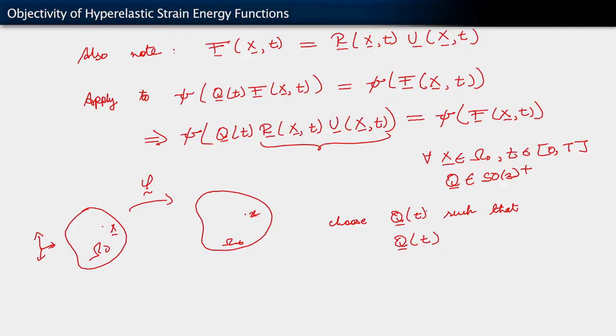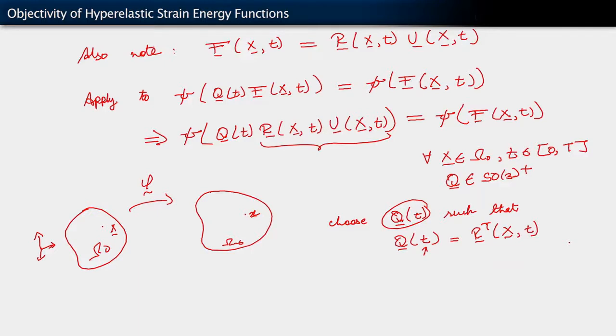On the previous line, I'm just writing Q as parameterized by t. So I'm going to pick a rotation which evolves with time such that at the time of interest, Q equals the transpose of the rotation tensor at the point that you picked and the time that you picked. I'm at liberty to do this, and I can definitely construct Q's that do this.